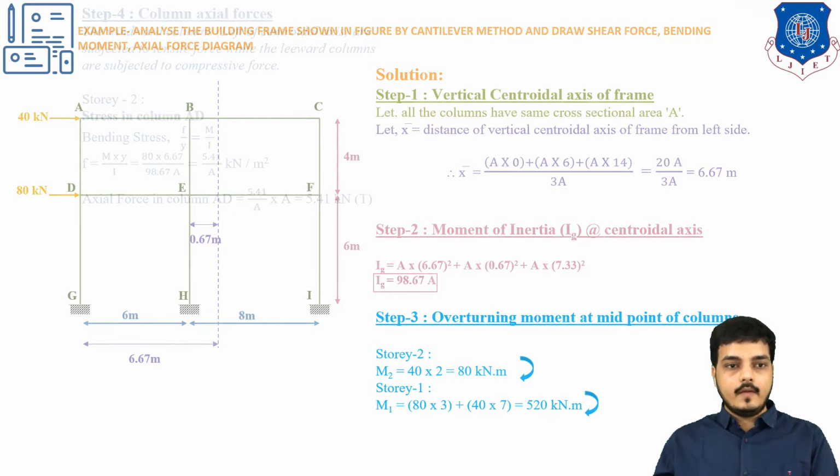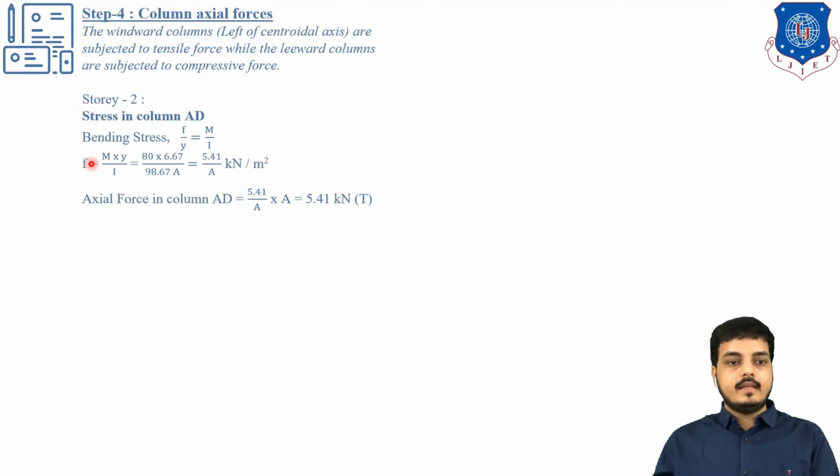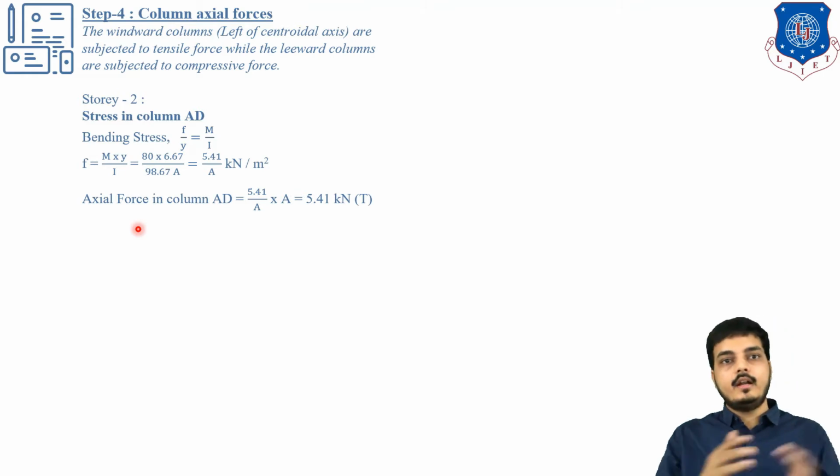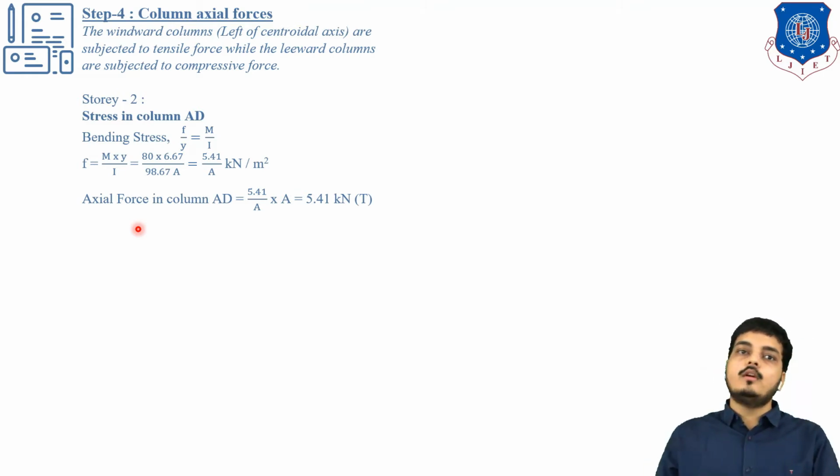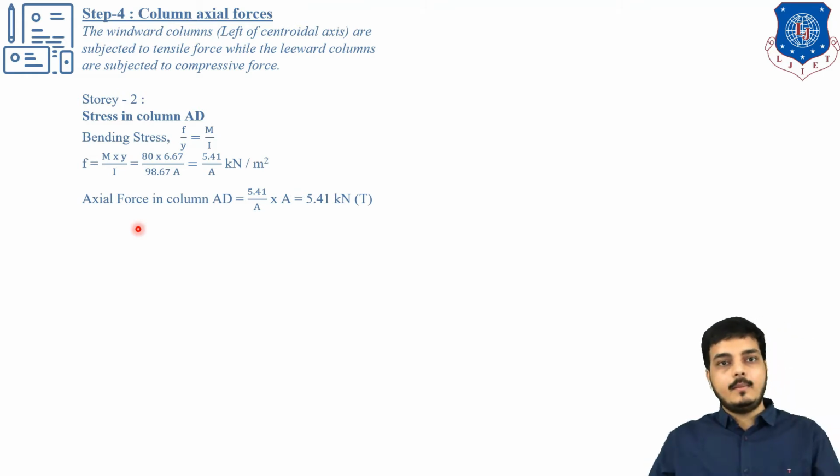By placing all the values, we get F equals 5.41 upon A, as A is common. To find the force, we know the formula that stress equals load upon area. Right now we have the stress, so we need to find the force. Load equals stress multiplied by area.